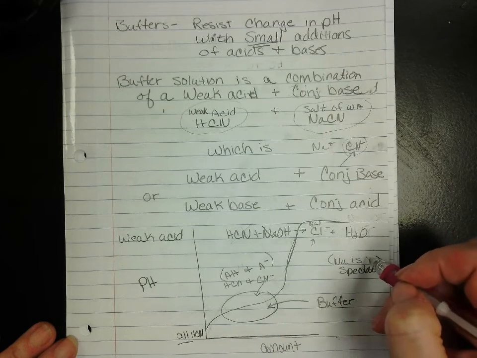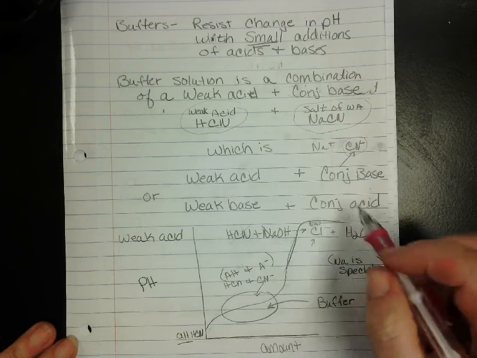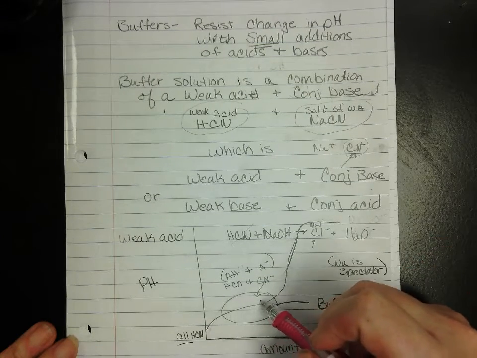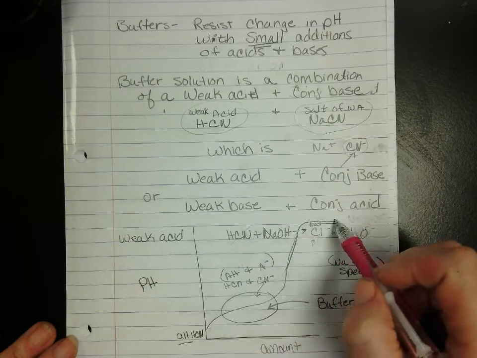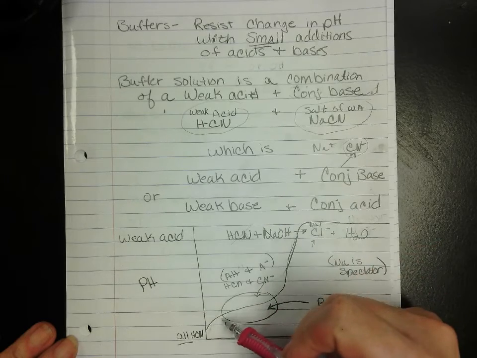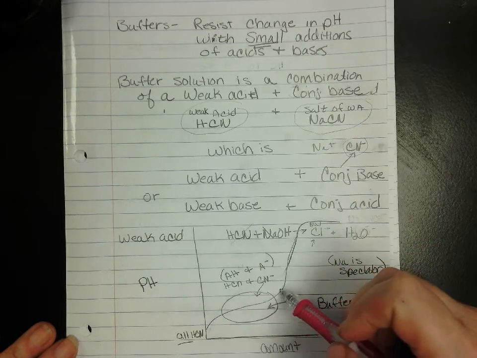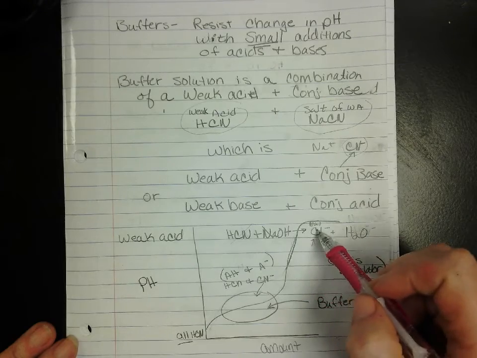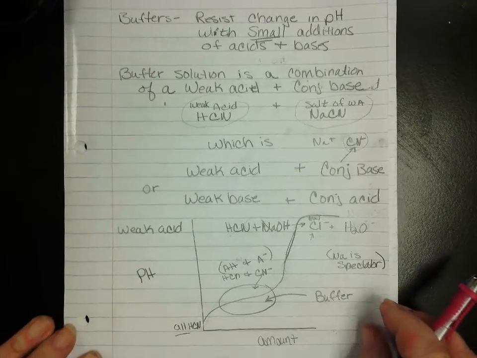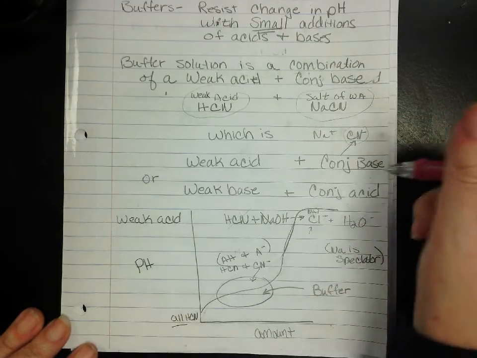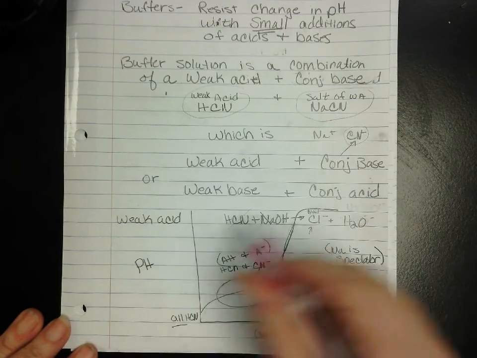Notice Na+ is a spectator ion, so what we're really looking at is that Cl-, which is going to start being produced right away and stay there the whole time. But my pH starts going up because my weak acid starts going away. So that is your buffer titration curve.